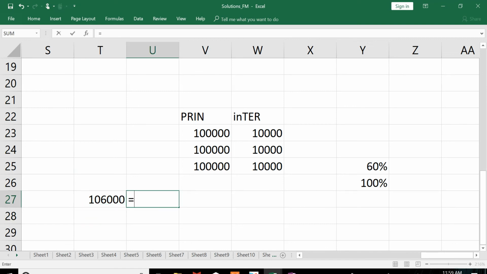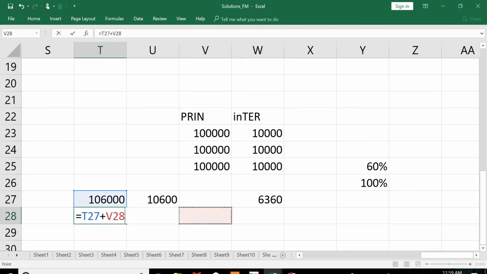On this he will earn 10,600. He is growing now. Interest is growing. Next year he will still retain 60% in the bank, which means 1,06,000 plus 6,360, and he is again growing. It is now becoming 11,236. You retain, you will grow. You retain, you will keep growing.